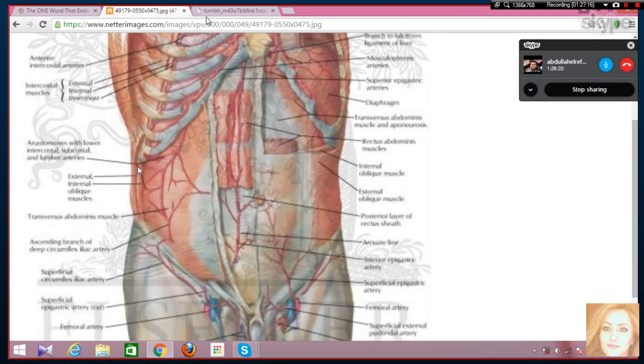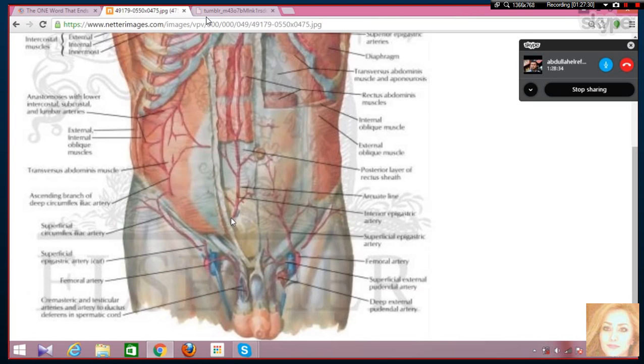And then we have the inferior epigastric, which is a branch of, do you know? Superior lumbar? No, it's from the external iliac. I'll tell you later. And then we also have some branches of the femoral artery.